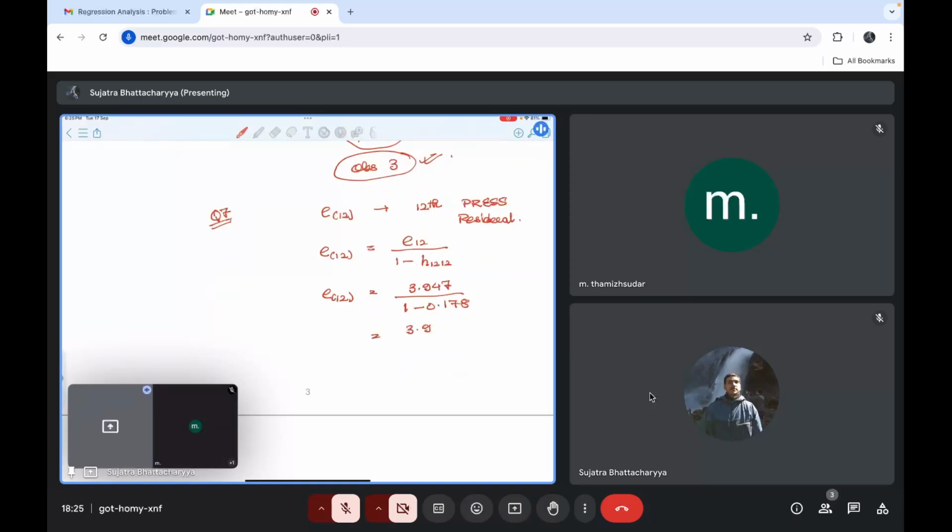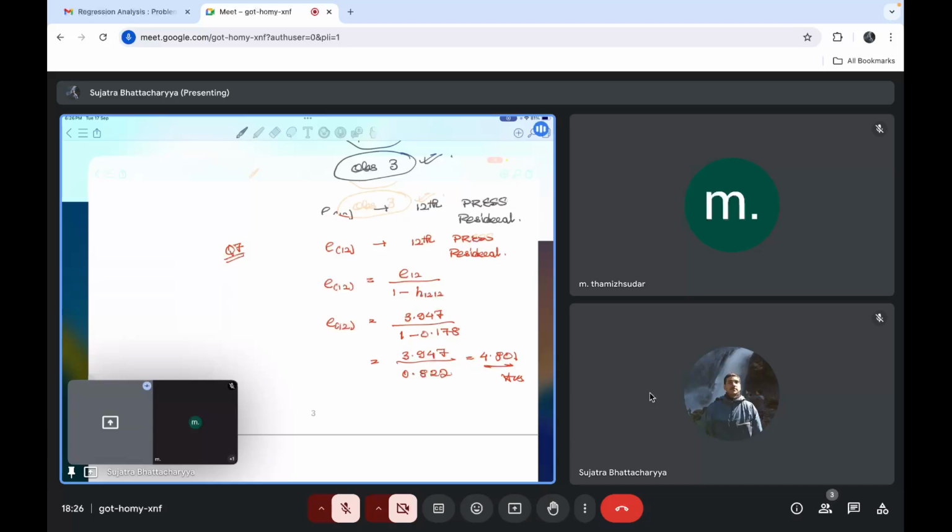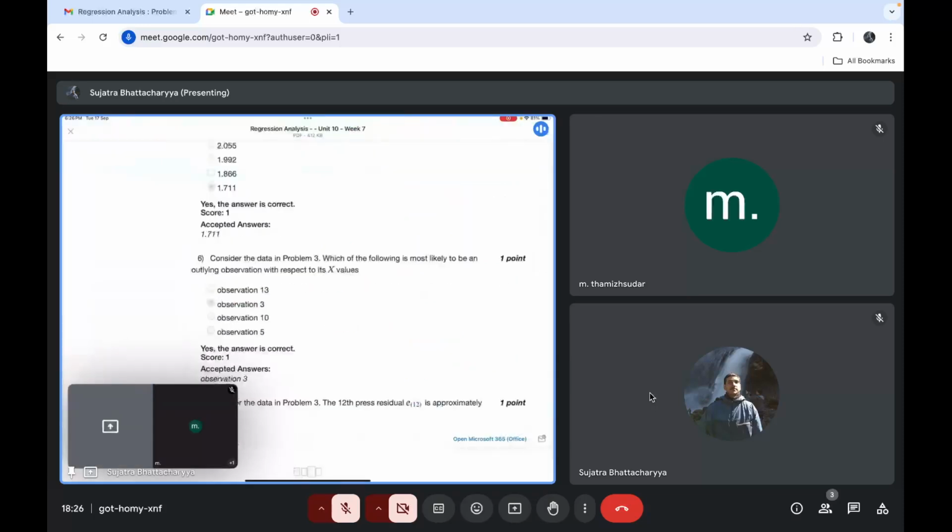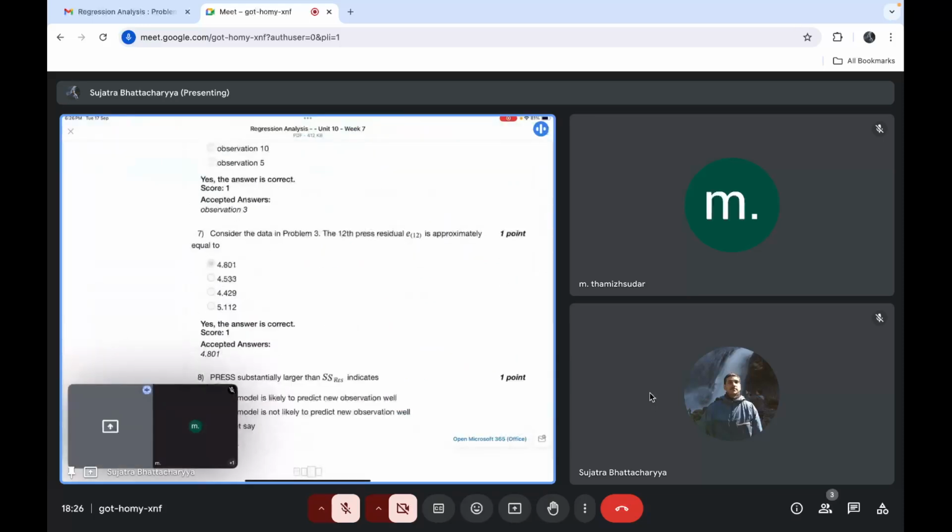If you calculate 1 minus 0.178, it will be 0.822, right? So finally, the answer will come out to be 4.801. This should be the answer for this residual, right? So if you go to the question again, this residual is 4.801.